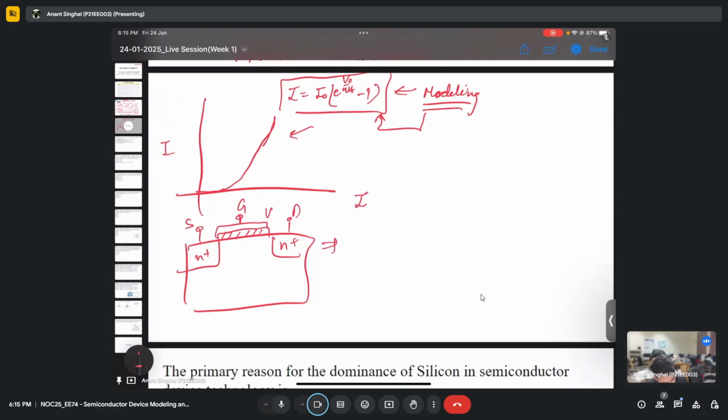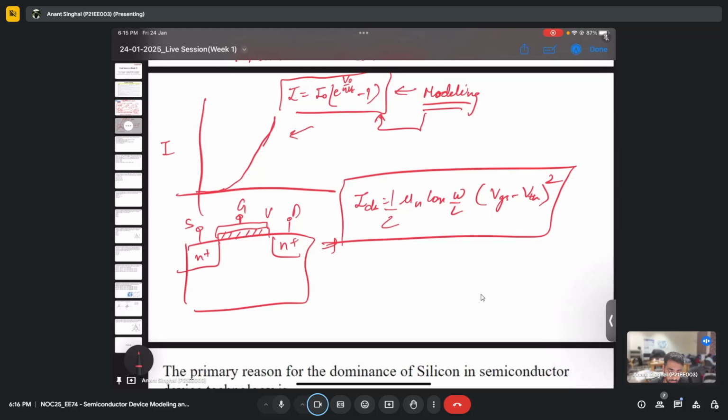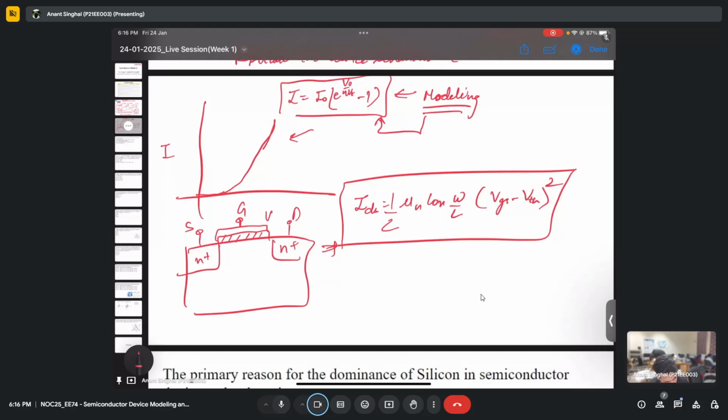You must have read some drain equation which looks something like this. Let's say in saturation it is a whole square. Do you guys know about this equation? Are you aware already? Yes. Okay, that's great then.